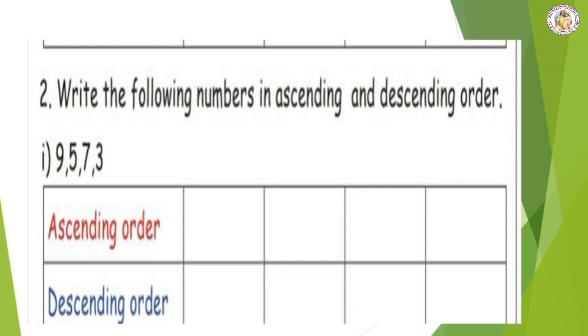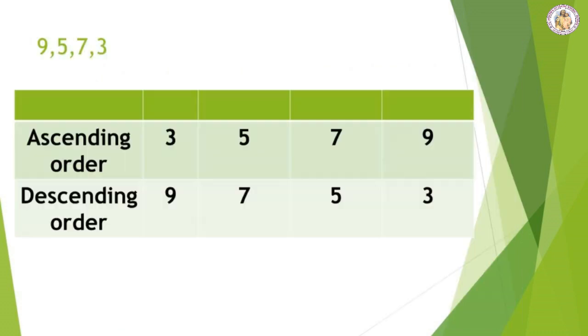Now they have given the numbers. We have to arrange them in ascending and descending order. What are the numbers there? 9, 5, 7, 3. So which is the smallest number? Yes, 3 is the smallest number. Next 5 and 7 and 9.